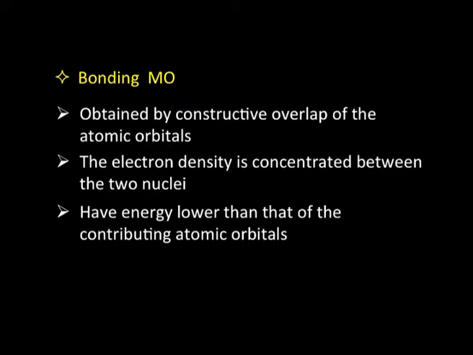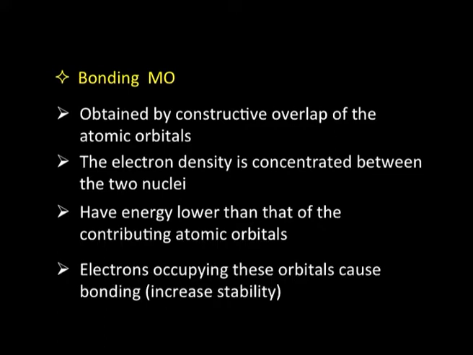We saw that atomic orbitals have a certain energy, the bonding molecular orbital has got energy lower than that, whereas antibonding has got energy higher than that. And the electrons occupying these orbitals cause bonding, because the basic approach of molecular orbital theory is that we construct the molecular orbitals first and then we fill in the electrons in that. So, any electron which occupies a bonding molecular orbital is going to contribute to the bonding, or it will increase the stability of the molecule there.